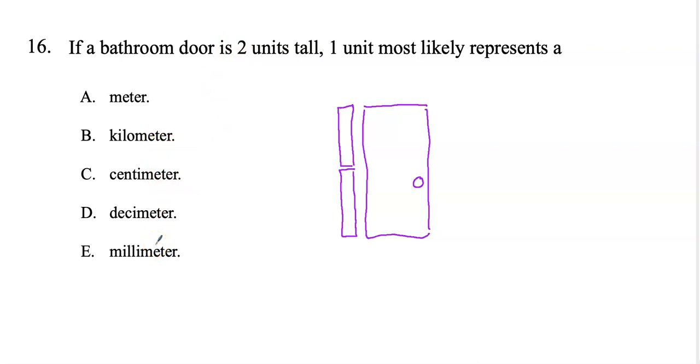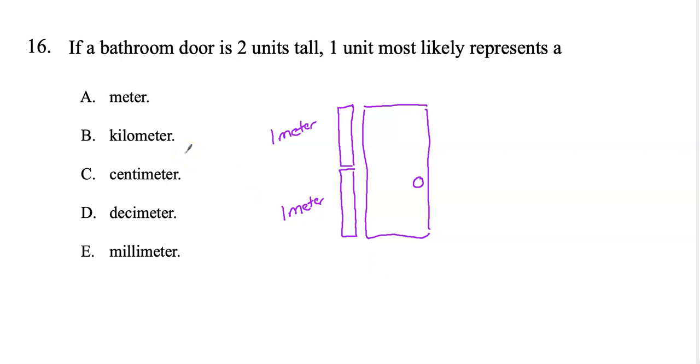I just recommend going on Google and searching up a meter stick if you don't have one. If you have a meter stick and you put it next to a door, it would be measured in meters. This would be 1 meter, a meter stick. If this were drawn to scale, it would be about like this, and this would be another meter. So this is just something you kind of need to know.